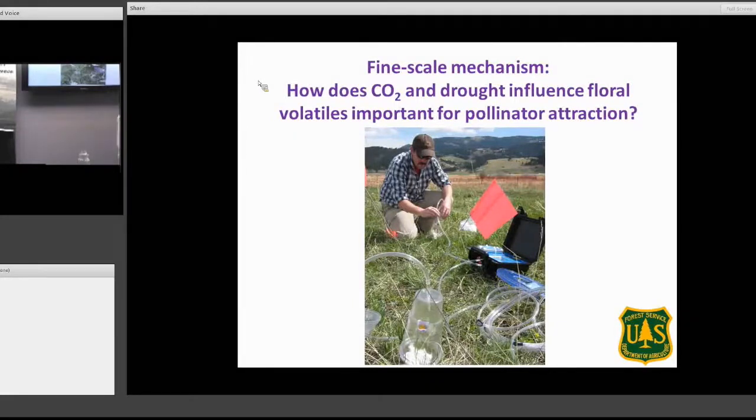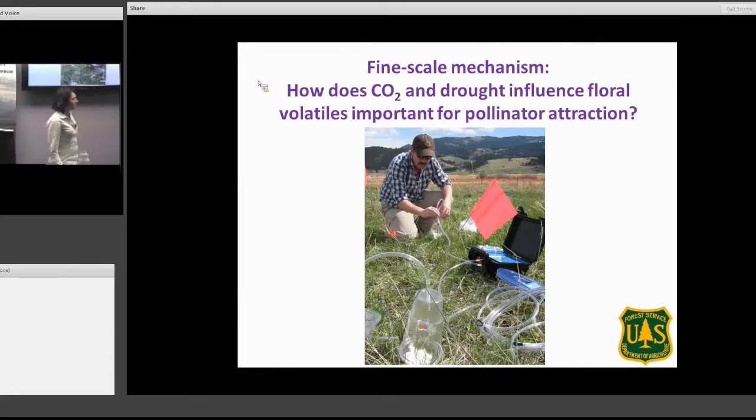So Justin works for the Forest Service, the Rocky Mountain Research Station. He's a chemical ecologist as well as an entomologist. And so we're using his expertise in volatiles to try and understand how floral volatiles, or floral smell, as another way of saying it, is important to pollinator attraction and how that might influence plant-pollinator interactions at the community scale.